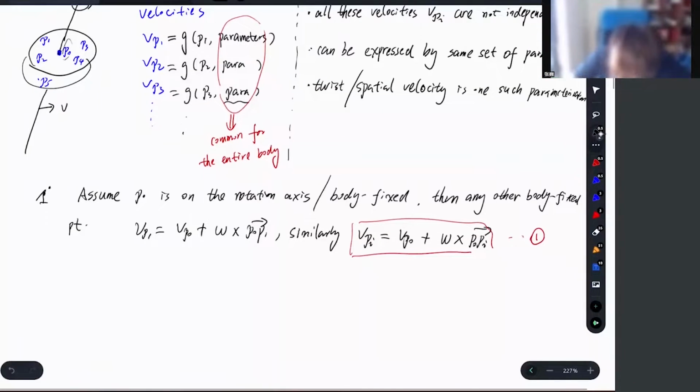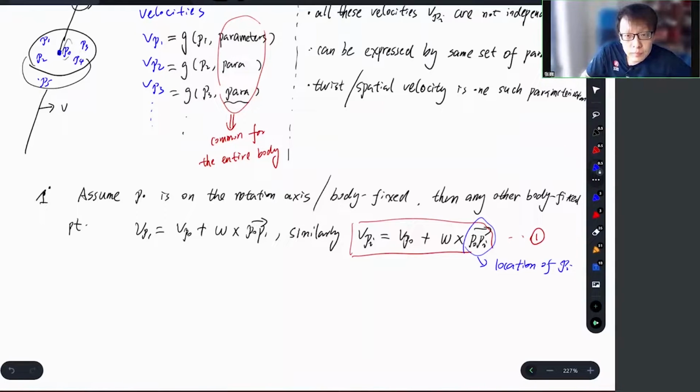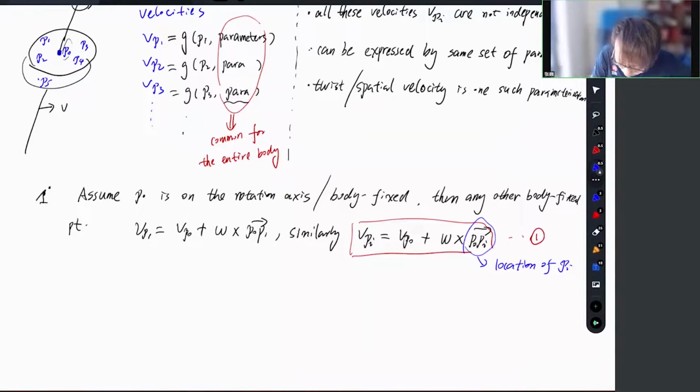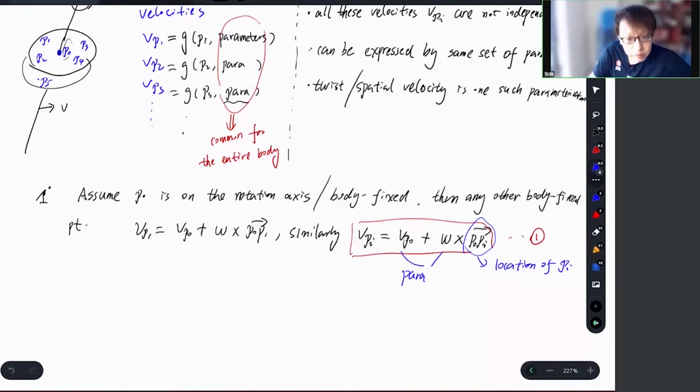So we can use, in this formula, we can think about this. Okay, this guy, let's use this. This guy basically tells us the location of point Pi relative to the point we're referring to, which is P0. And the other two are the parameters we're looking for.